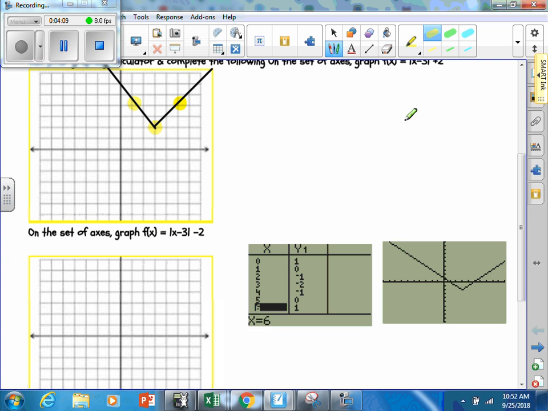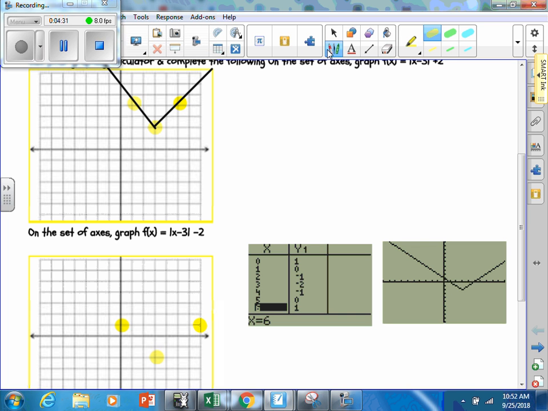All right, so my lowest point is 3, -2. Go over 3, 1, 2, 3, go down 2. All right, and then at 0, I'm going to go up 1. Okay, and at 6, I'm going to go up 1. 1, 2, 3, 4, 5, 6.